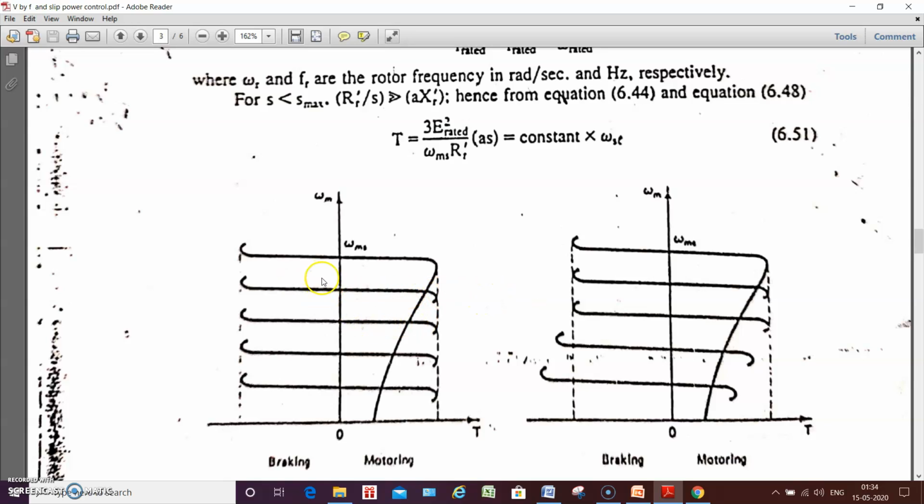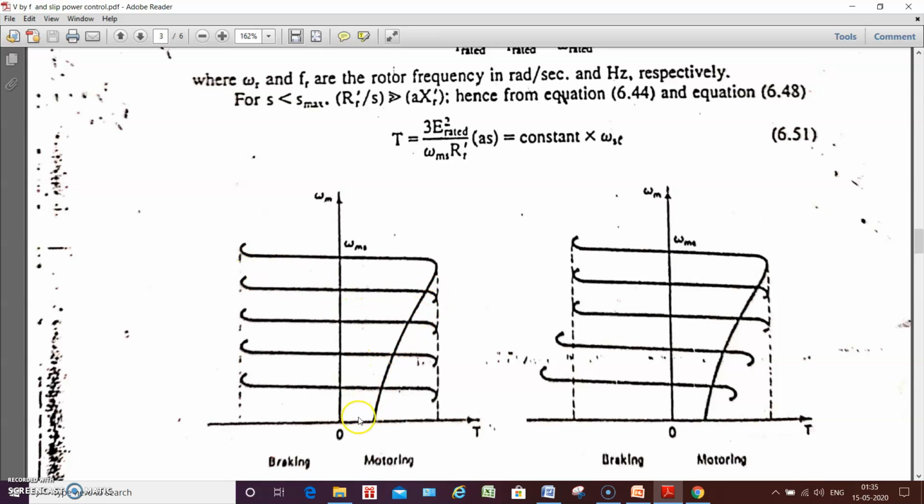So this is the difference from the actual speed torque characteristics of the induction motor, which will usually be drooping in nature. But in this particular V/F control method, the speed torque characteristics is going to be a constant and parallel line. Slip speed is maintained constant here. Okay. As well as the maximum torque obtained is also going to be constant. So this is for one particular frequency, and this is for another particular frequency.